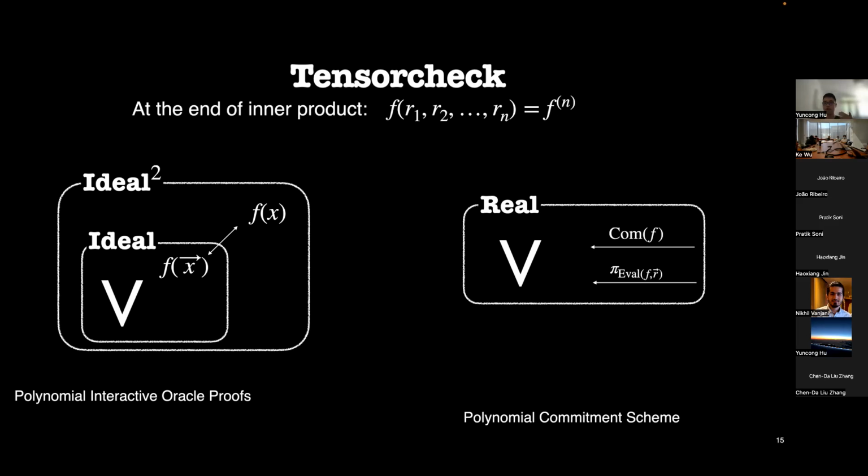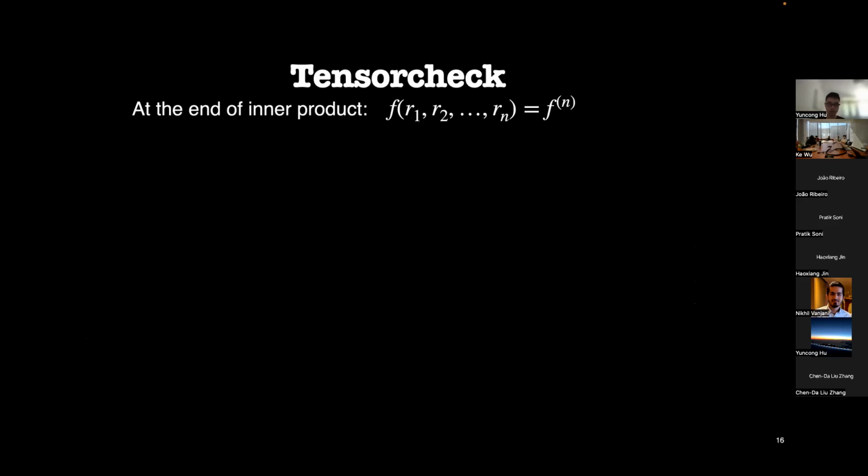But by using our Tensorcheck and the univariate technique, the verifier only needs constant pairing, namely just 2 pairings. And the evaluation proof size is also constant by using the batching technique. Now I want to briefly share some thoughts about how to achieve this Tensorcheck.